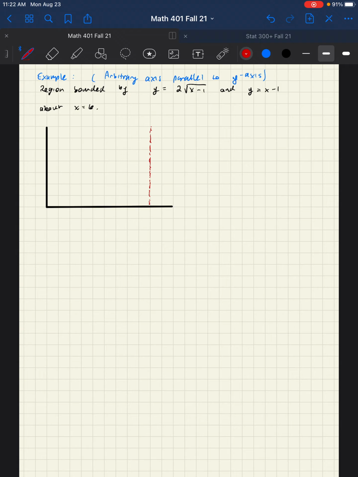The axis of rotation here, I'm going to represent as this dashed line. And the actual curve is going to look something like this. Oops, that's not right. It'll look more like this. So the upper curve here is y equals 2 square root of x minus 1. And the lower curve here is y equals x minus 1.